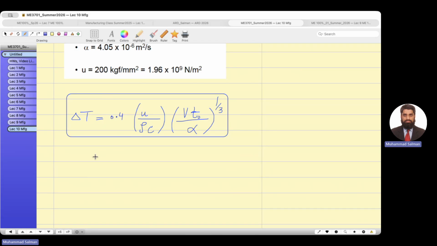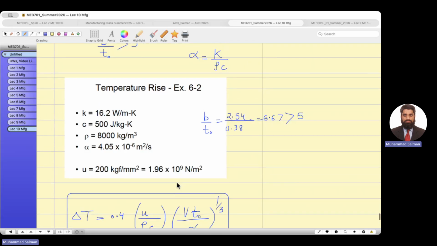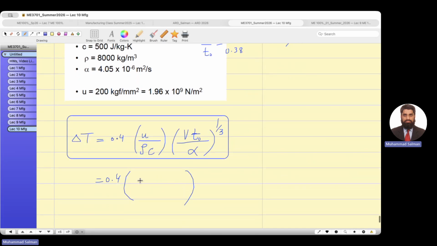So let's plug it in. 0.4 times the specific cutting energy, which is 1.96.